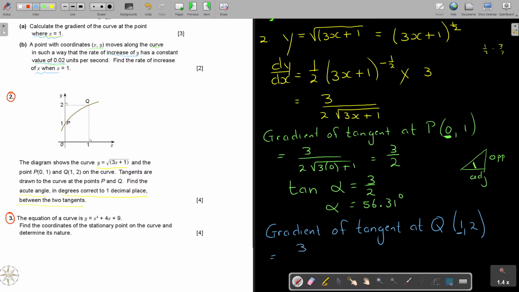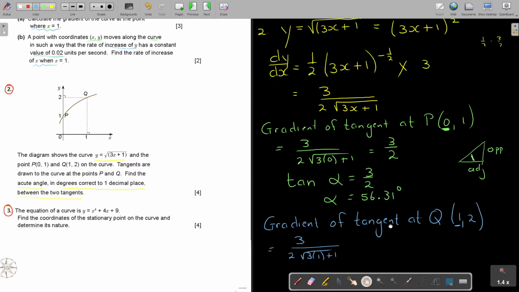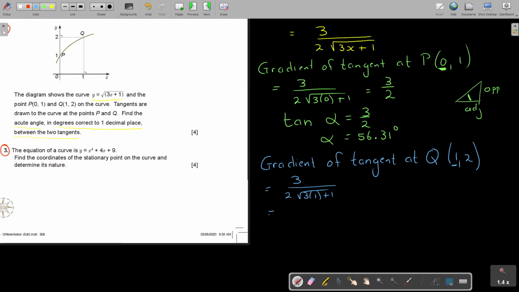Now I substitute the 1 in. Look, always at your original, 3 times 1 plus 1. Just move up. And it's 3 over 2 times the square root of 4, which is 2. So it's 3 over 4.